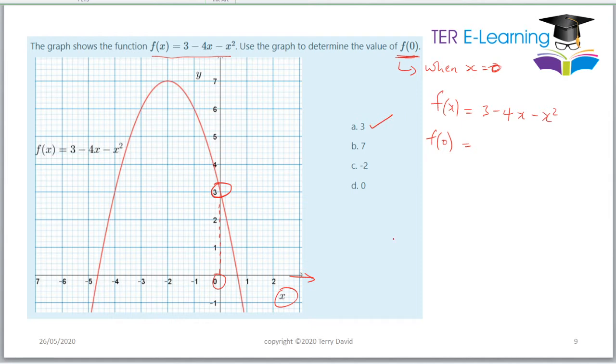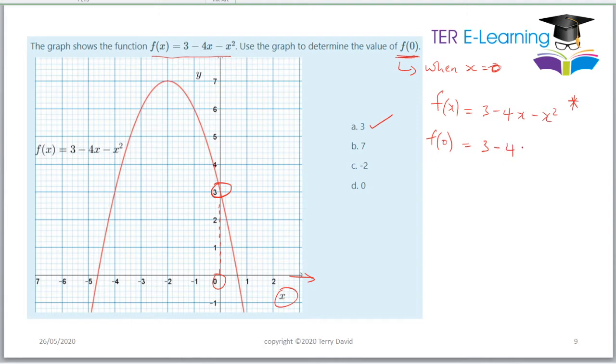So when they give you a graph and they ask you to find f of 0, all we're going to do is to substitute, or we just look and see where the point x equals 0 meets the graph. That's essentially what you're doing, right? If in an exam you didn't have the graph, and they gave you the function as being this, and you want to find f of 0, all you would have done is substituted 0 into this equation.